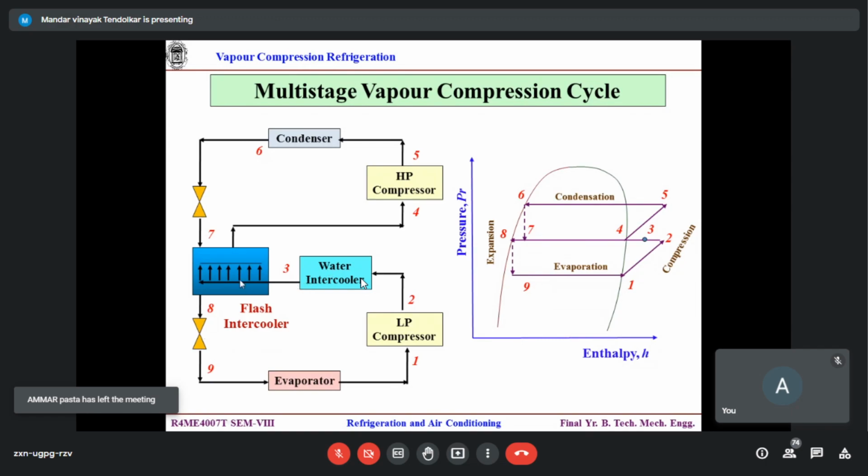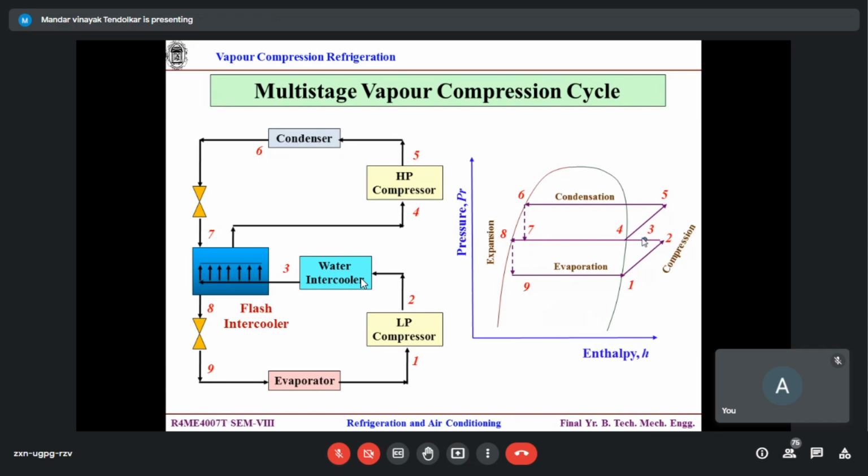Here 3 is also rejecting the heat, तब जाके 4 पे होगा, correct? So here there is a heat rejection 3 to 4, which is sensible heat rejection. 7 to 8 is a latent heat rejection, and the total of this is the 7 to 4 vapor part, the latent heat addition. Do you agree?